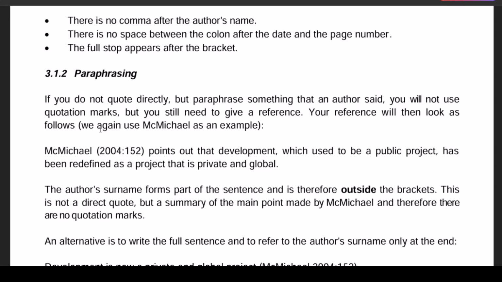Then your lecturer wants to refer to this idea that you're talking about. They copy that whole text that you paraphrased, and then they go to your reference list. They check the link. The link of the journal takes them to that very same journal, and then they search that exact text that you paraphrased and put in quotation marks.